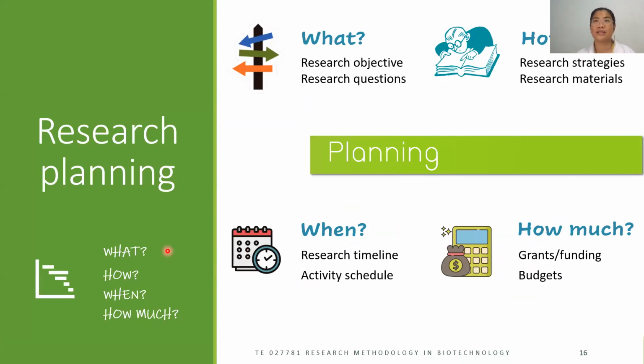We know that most of us use experiment, and when we design experiment, we have to think about the characteristics of the experiment. Then we thought about the materials. Now it's about planning. When we talk planning, we talk about four things: what, how, when, and how much.